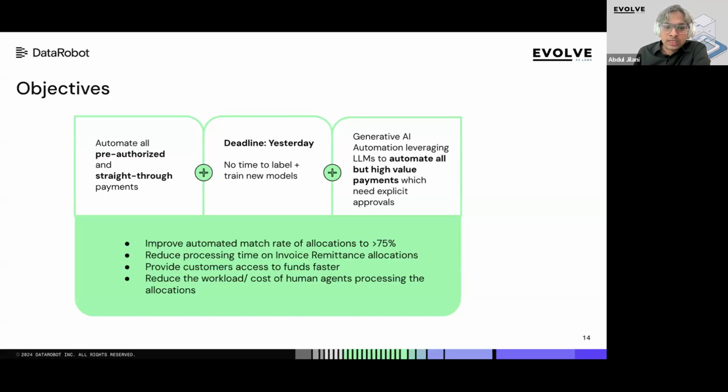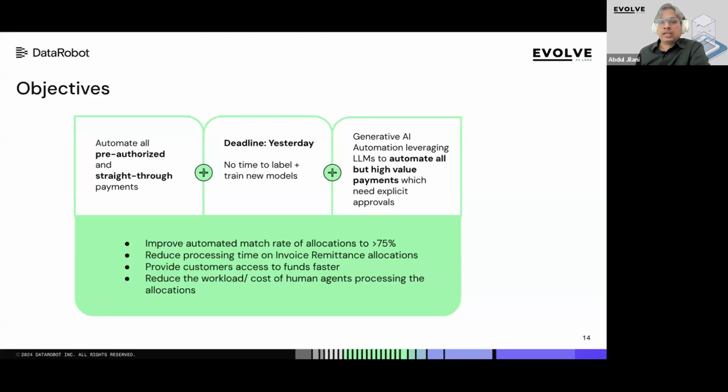Coming to the outcomes that were expected: improve the automated match rate to 75% or more of the transactions, which is currently at 30%. They wanted an uplift of more than 45%. Reduce the processing time. Just because we automated it doesn't mean that we take longer than a human agent or human personnel, so we had to cut down on the processing time as well.